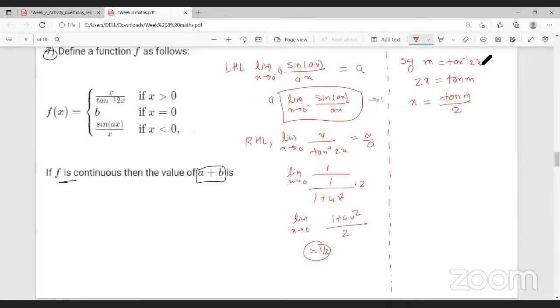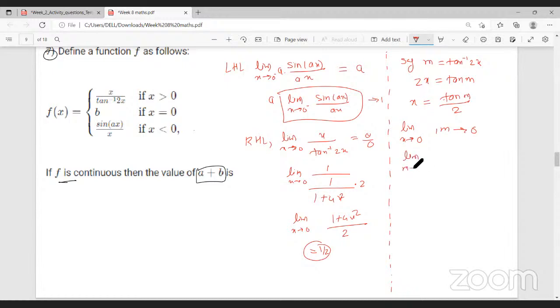Now put m equals to tan inverse of 2x and x equals to this in the equation. One more thing: when x tends to 0, m will tend to what? If I put x equals 0, it will be 0, so m will also tend to 0. So we have to change the limit also for this particular variable.